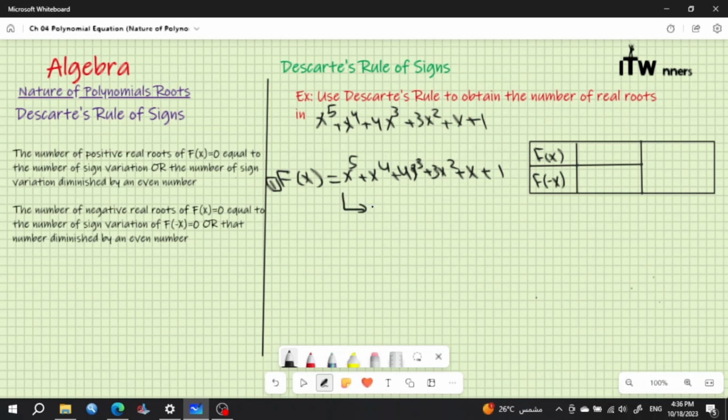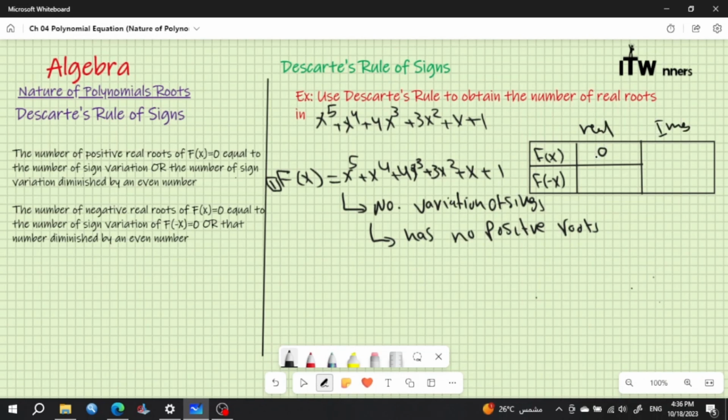F of x has no variation of signs, then it has no positive roots. Here real, imaginary, here we have 0.